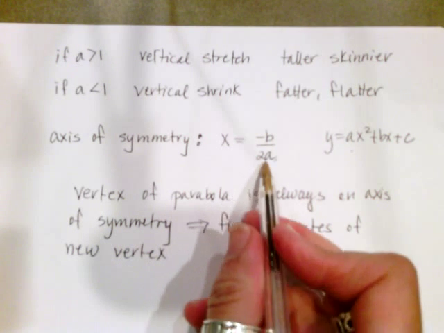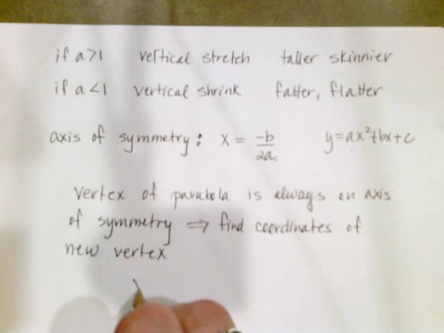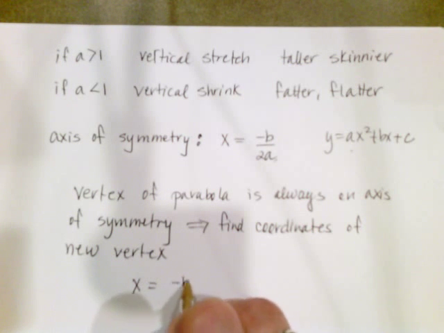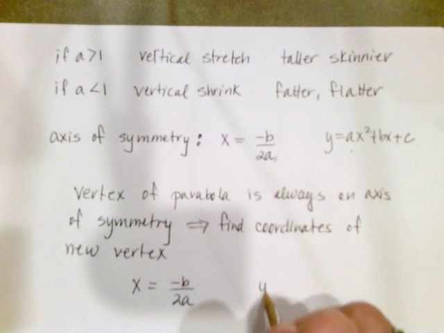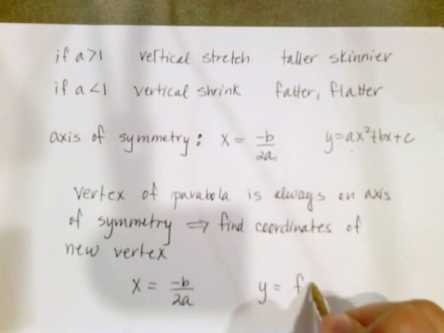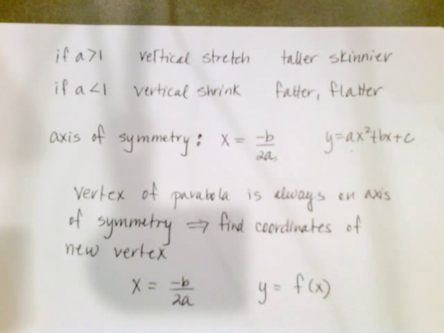So then I'm going to basically use the same formula. I know that x is going to equal negative b over 2a, and I know that y is going to equal f of that x that I just found. So I would find this value, and once I have a number for it, then I'm going to substitute it into the function, and then I'll be able to come up with a y value, and then my vertex will have coordinates with the x and the y that I just found.